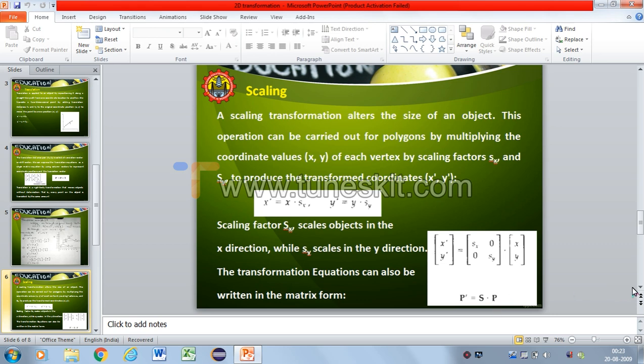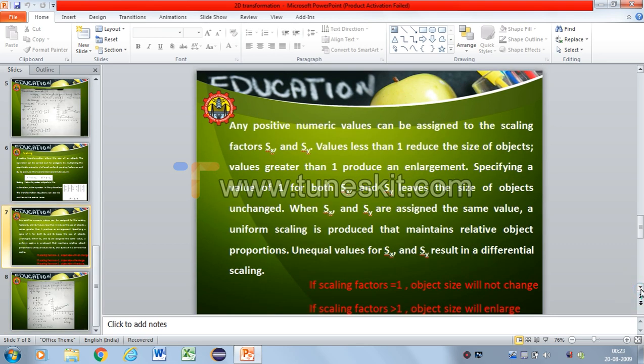Now we apply this formula on one example. You can take any positive numeric value for the scaling factors Sx and Sy.